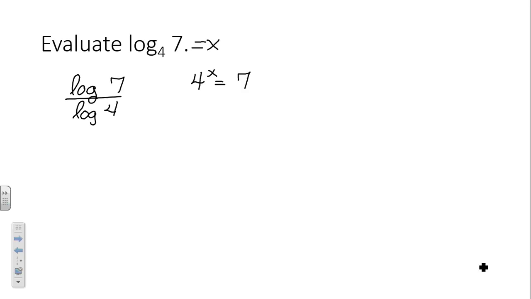So what's your favorite log? Log base 10 or natural log? Log base 10? Okay, we like log base 10. We're going to say the log base 10 of 4 to the x equals the log base 10 of 7.